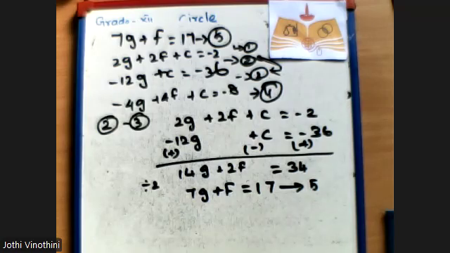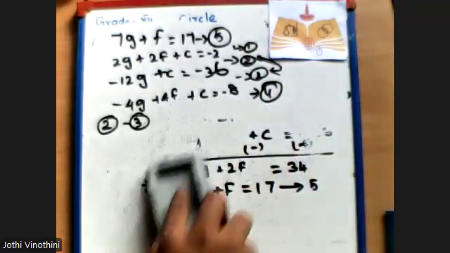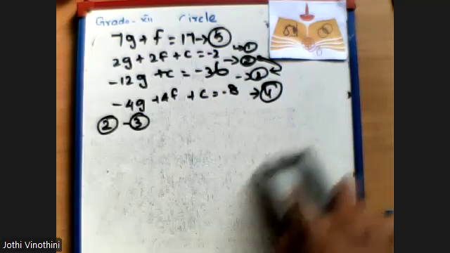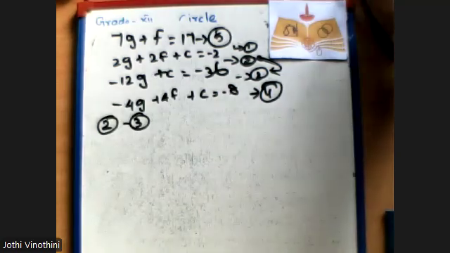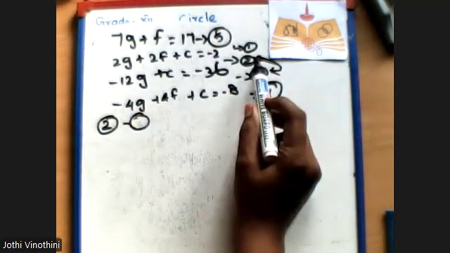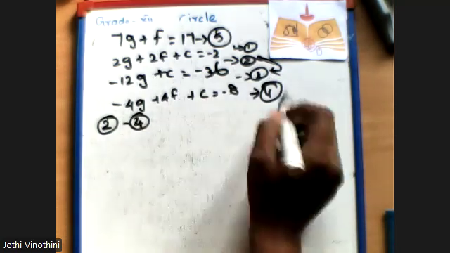Yeah, I hope you all copied this, so I'm going to rub this. As I said earlier, we already did 2 minus 3. Now we are going to do 2 minus 4.